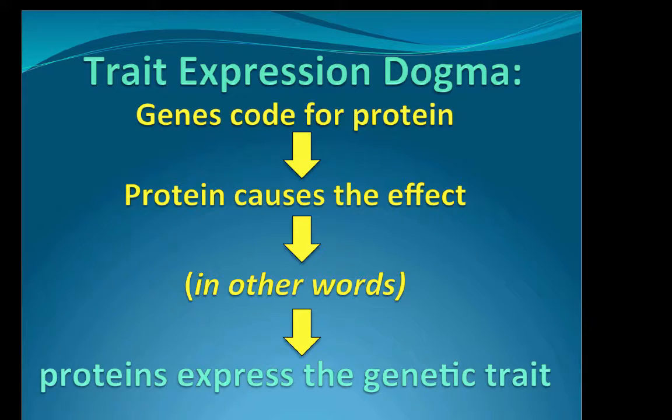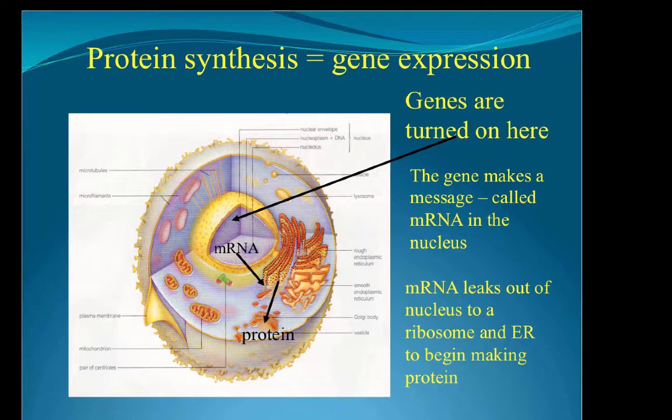All right, so the central dogma for trait expression is that a gene is going to code for a protein, and the protein is actually going to be the component that causes some sort of effect, or the phenotype. Okay, so the proteins are going to express the genetic traits. Protein synthesis is synonymous to gene expression. So you will hear me use those two phrases interchangeably throughout the semester also.